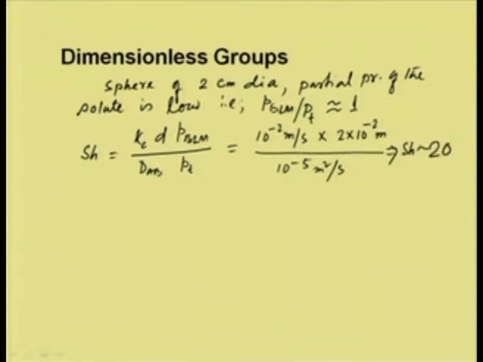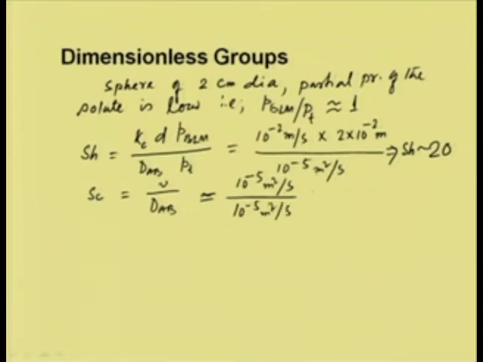20. But the Schmidt number for this case is equal to nu by DAB, and nu, which is mu by rho, is in the order of 10 to the power minus 5 meter square per second, and the diffusivity is 10 to the power minus 5 meter square per second.